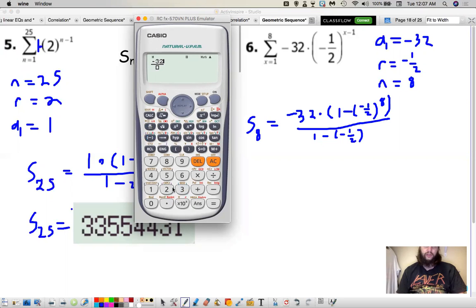Negative 32 times 1 minus negative a half to the 8th power. Put it in right. 1 minus negative a half.